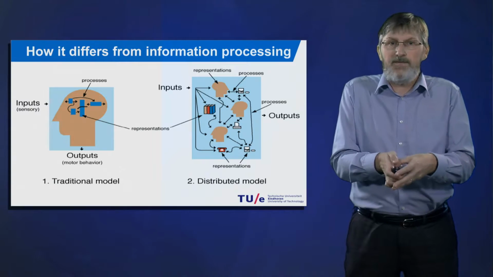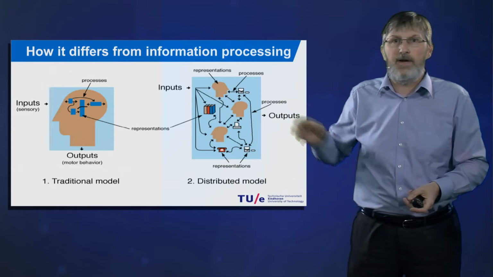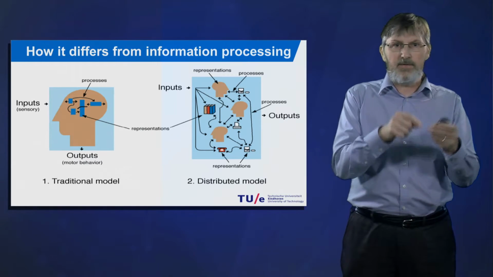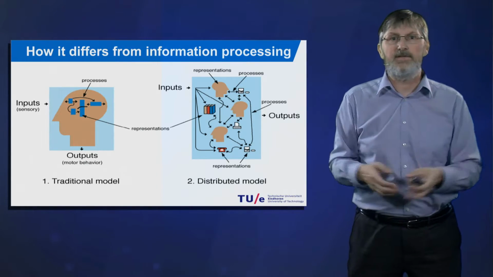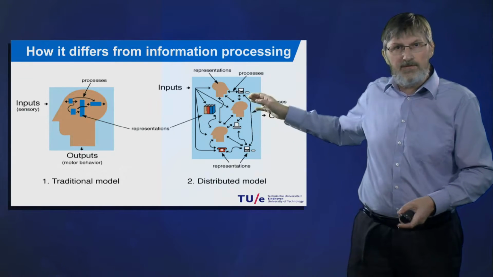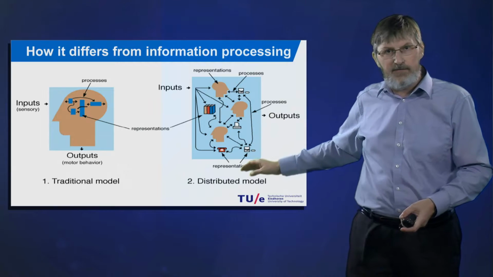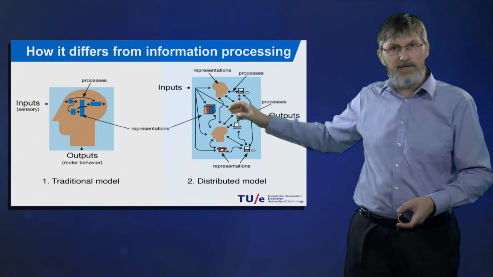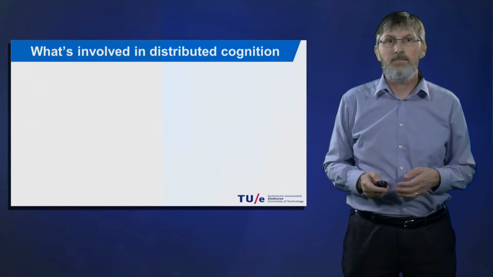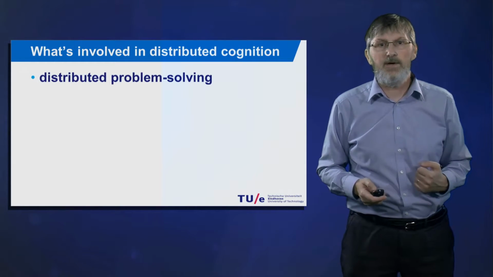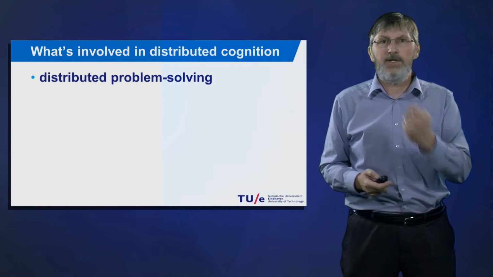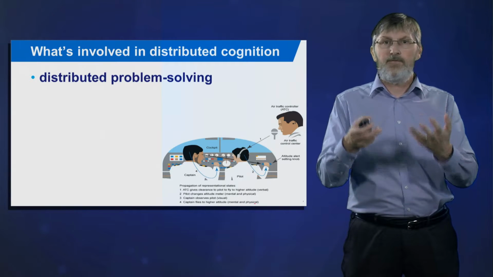So information processing typically happens in our own brain. That's what we see on the left, right, where we are connecting different ideas and inputs and outputs. And now we have to transform that into a similar thought process where different brains are involved. Different brains solve different parts of the problem. What is involved there? It is distributed problem solving. And a good example of that is flying an airplane.